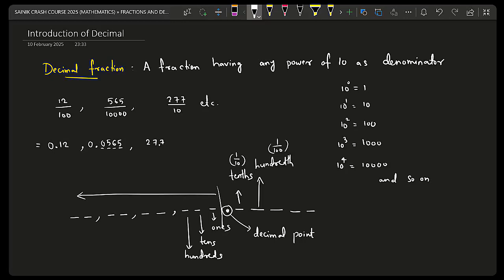You are converting a decimal fraction into decimal form. See, 12 by 100 is 0.12. Both are the same number, but the way we are representing it is different. 12 by 100 is in the fractional form, 0.12 is in the decimal form. But both represent the same number. Okay? Is your doubt cleared, or do you want to ask anything else?